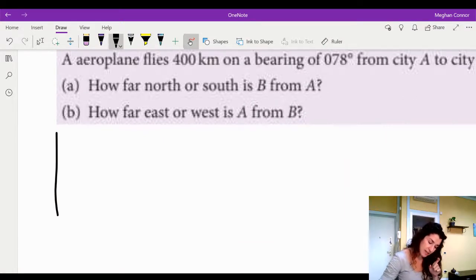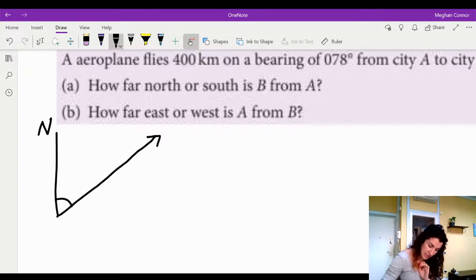So we were going true north, and then we went at a bearing of 78 degrees, and we went in that direction. That means this angle right here is 78 degrees.